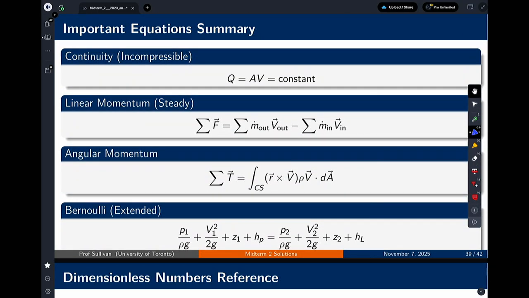In terms of important equations: continuity, linear and angular momentum, and the extended Bernoulli, where you add in the effect of a pump or any other type of term that you add into the flow.